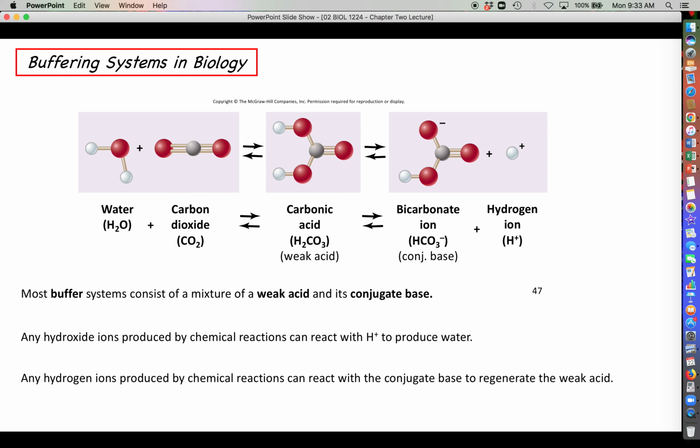And then in the opposite regard, if a chemical reaction is going to start making things more acidic by producing a whole bunch of hydrogen ions, that hydrogen ion can react with the conjugate base here to reform and reconstitute the weak acid. So in doing so, on both sides, on the acid side and on the base side, we can buffer the system by preventing big changes in pH from happening by absorbing the effects, okay?